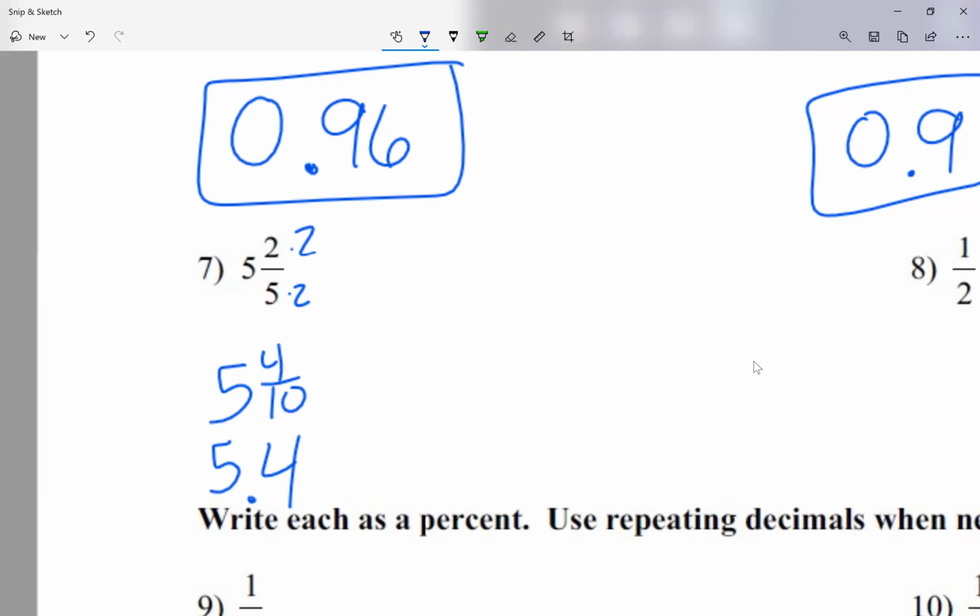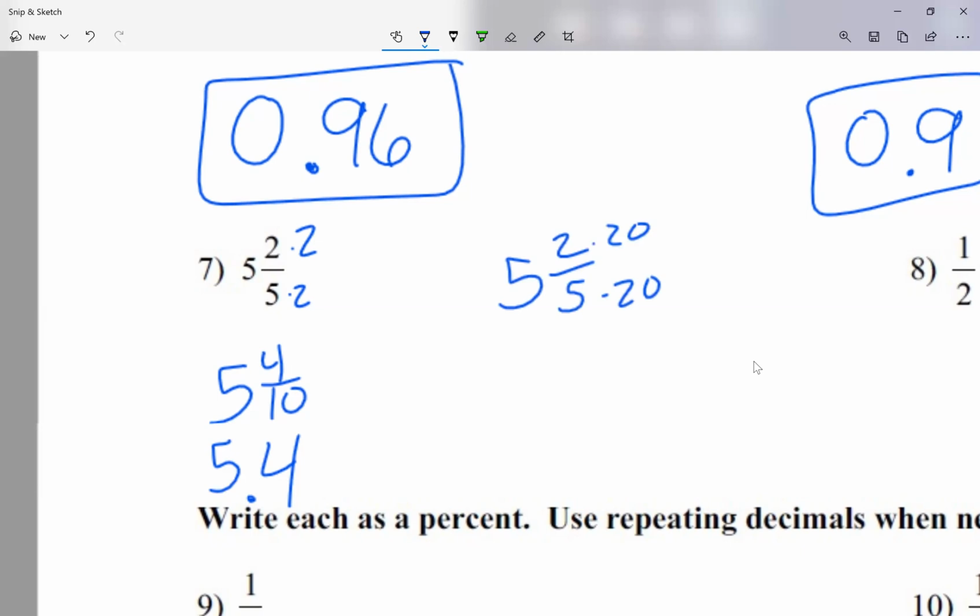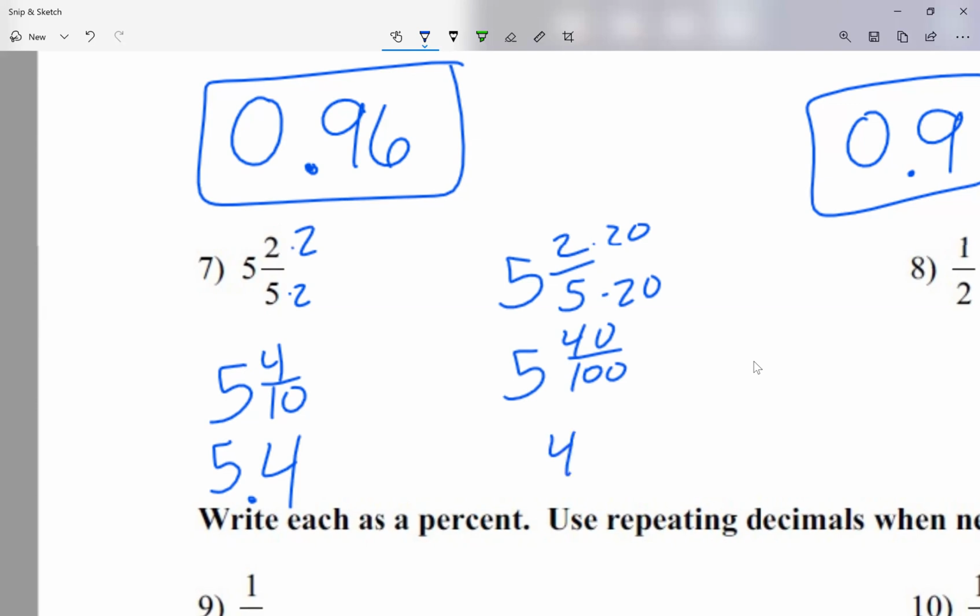Now, some of you might say, well, what if I don't want to make the bottom 10? What if I want to make it 100? Let's take a look at that question again, 5 and 2/5. What if you said, I want to multiply by 20 because that's going to make it 5 and 40 over 100. There's the 40 because 100 has 2 zeros, so 2 decimal places.